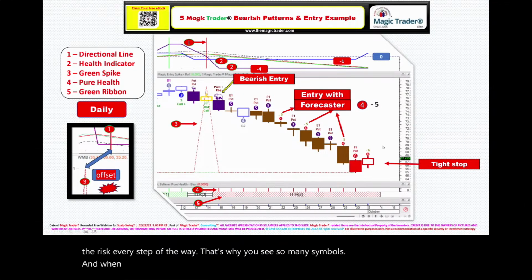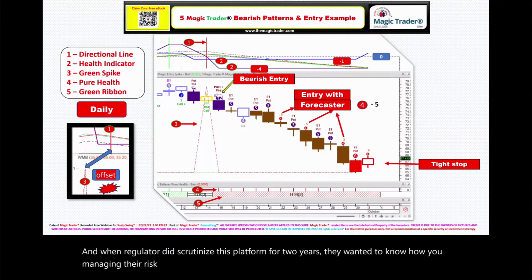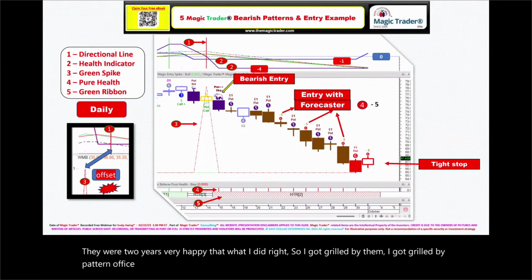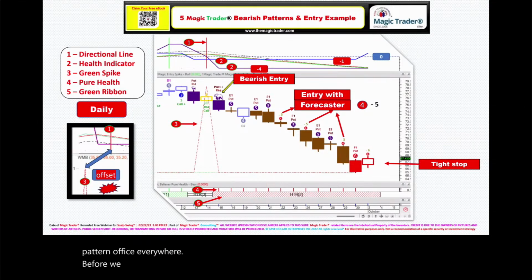And when the regulator scrutinized this platform for 2 years, they wanted to know how you're managing the risk with this software, not just buy and sell arrows. They were very happy with what I did, right? So I got grilled by them. I got grilled by the patent office everywhere before we even came to this stage. So they want to know, and I don't blame them.